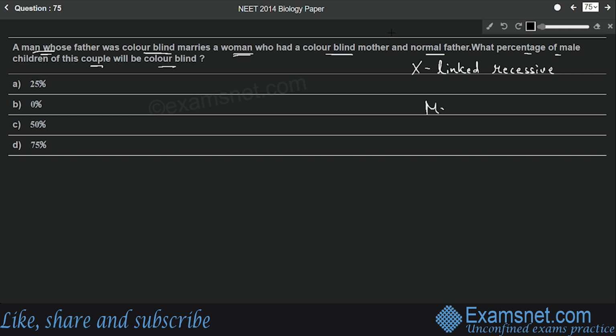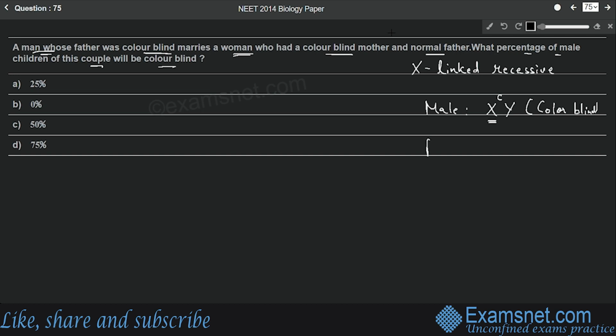Now in male there is one X chromosome and one Y chromosome. So since there is only one X chromosome in males, if this X chromosome carries the gene for color blindness, then this male will be affected, or color blind.